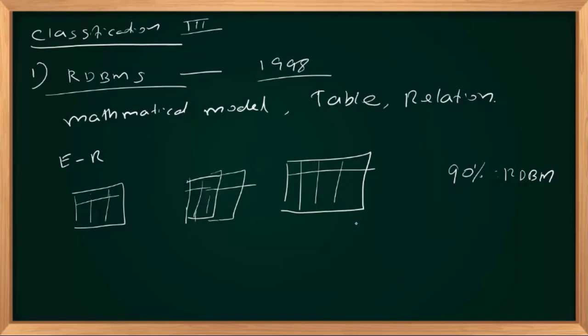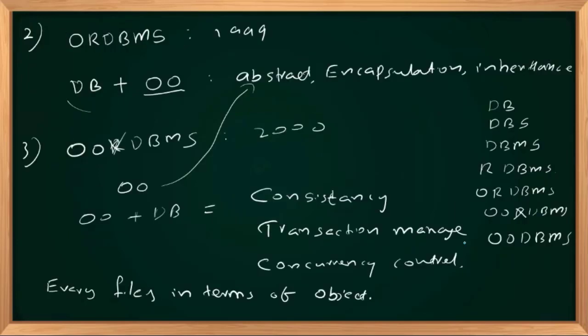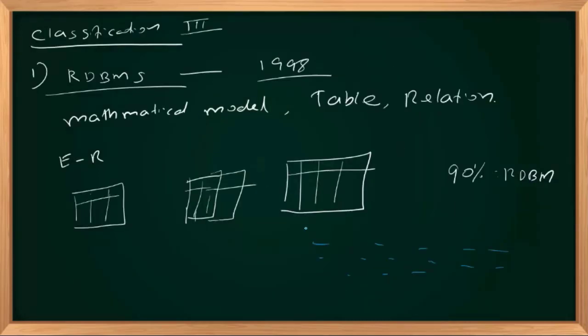Means there is a lot of data. That data is stored in a tabular model. There is a lot of data stored in a table manner. This is a common method of storing information, known as RDBMS.